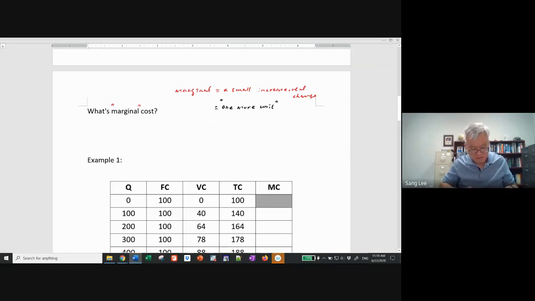So here, the textbook definition of marginal cost is a change in total cost divided by a change in output.